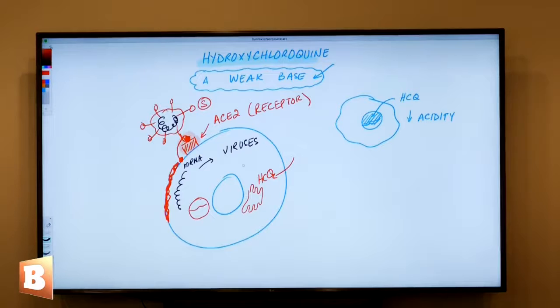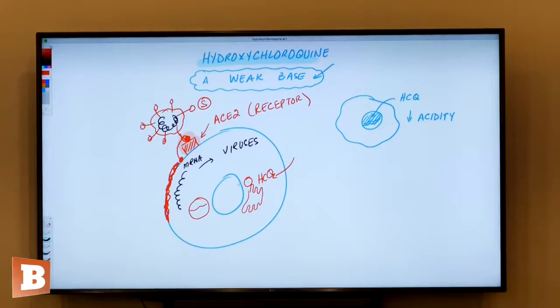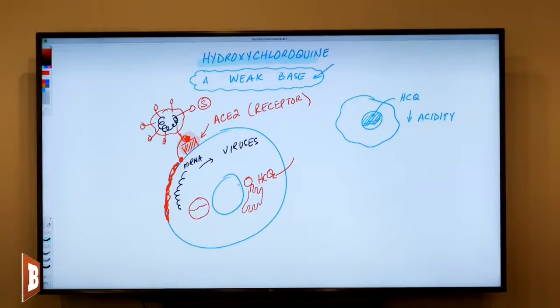Similarly, endoplasmic reticulums are small structures here that help make the virus. So generally, the intracellular machineries being used by the virus will become less acidic in the presence of hydroxychloroquine.